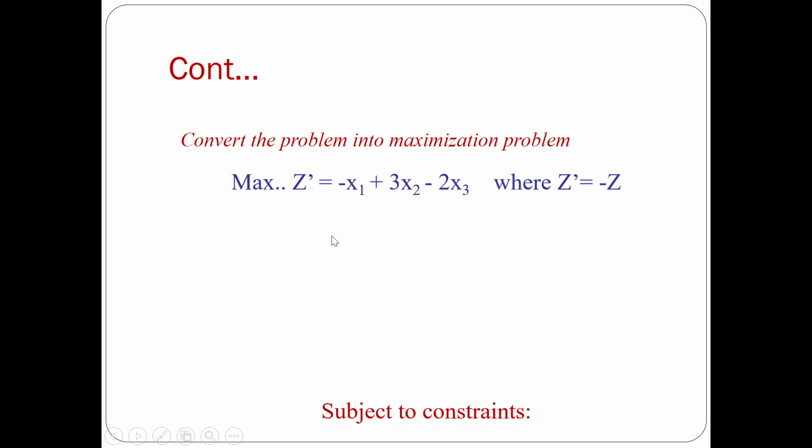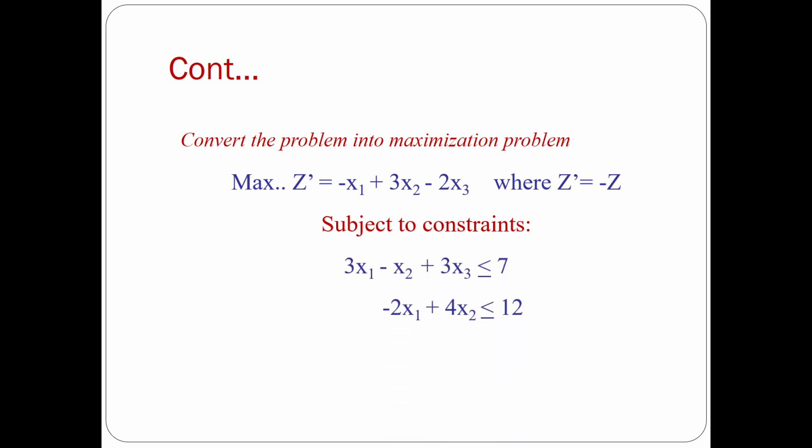After that, let us go to the constraint equations. We have three different equations, and the first two are less than or equal to type, so there is no need to modify them. But the third equation is given as greater than or equal to type. For the canonical form, it should be converted into less than or equal to form. Previously it was 4x1 minus 3x2 minus 8x3 greater than or equal to minus 10.